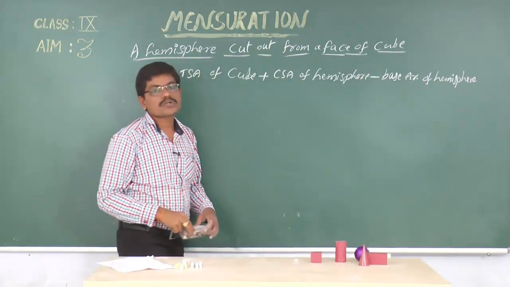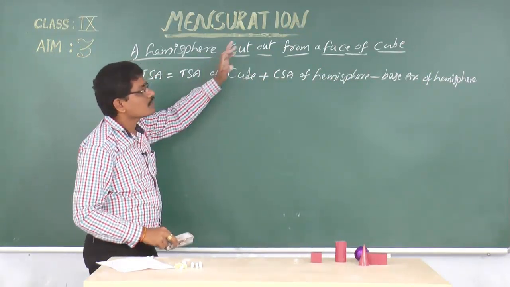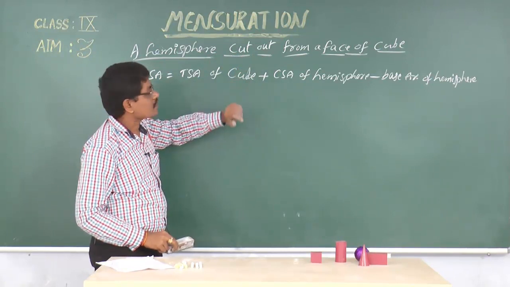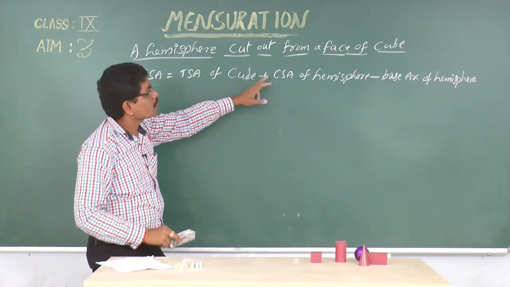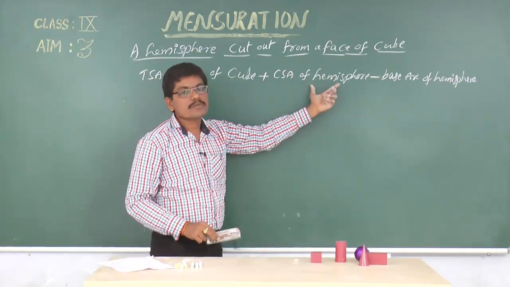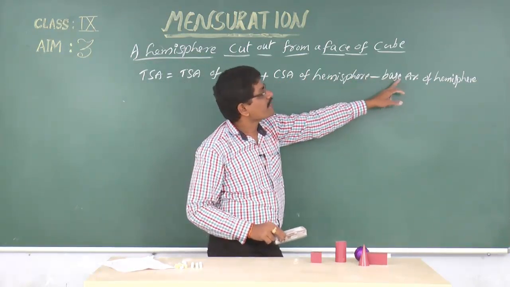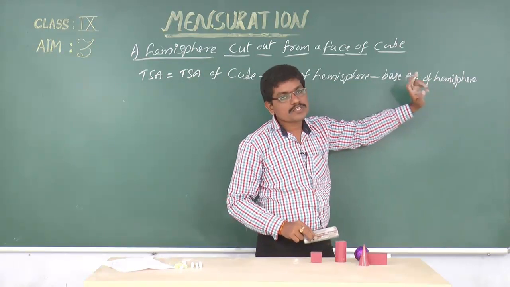So total surface area of this newly formed solid is TSA of cube plus CSA of hemisphere minus base area of hemisphere.